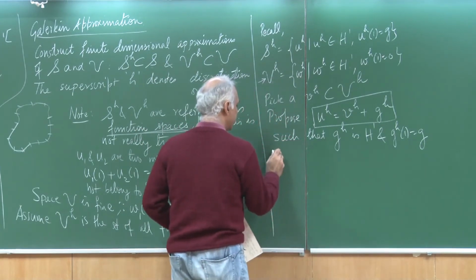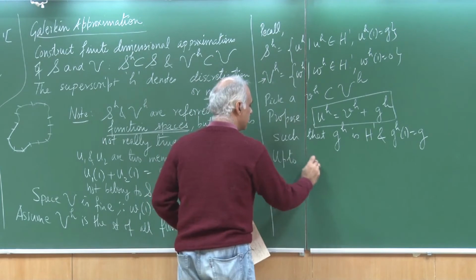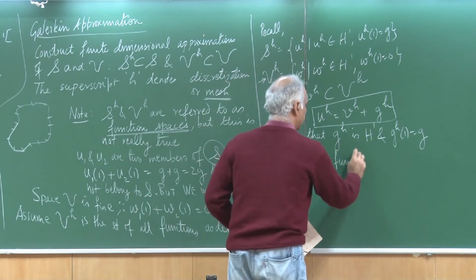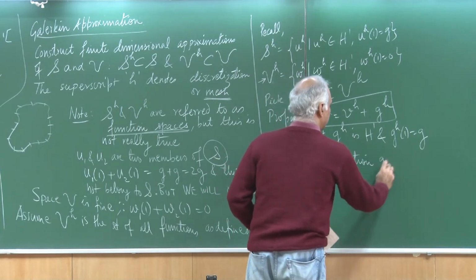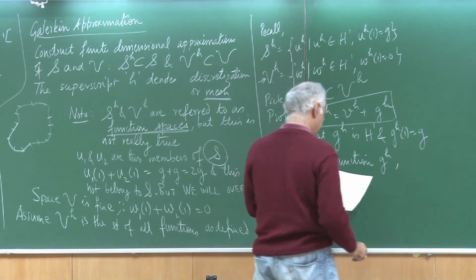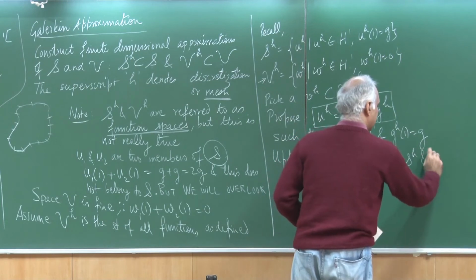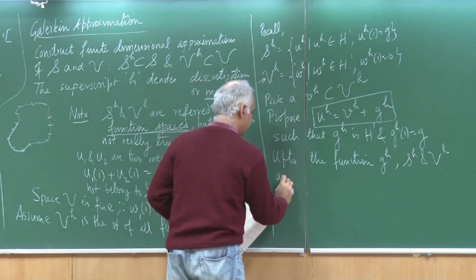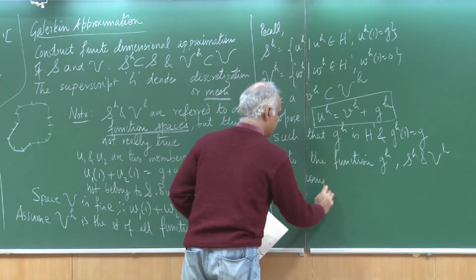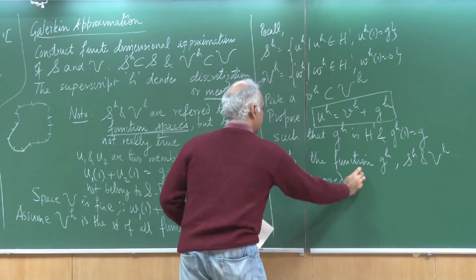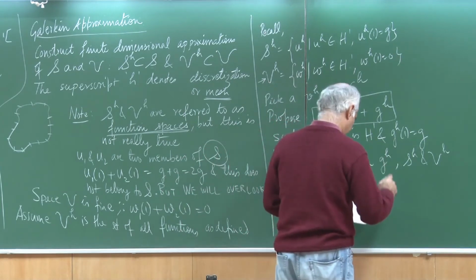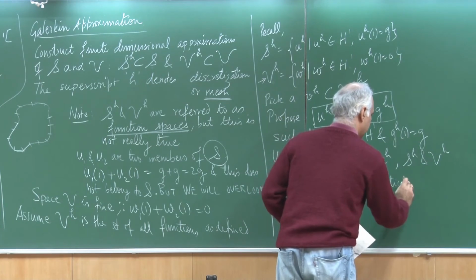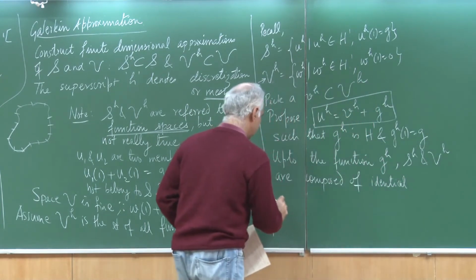So therefore I can say that up to the function gh, SH and VH are composed of an identical collection of functions.